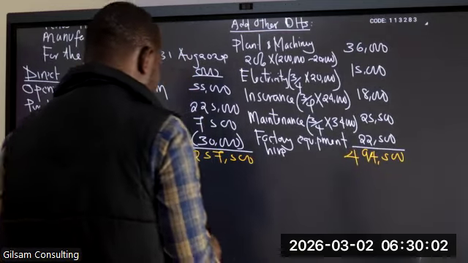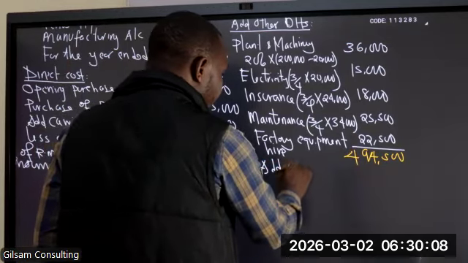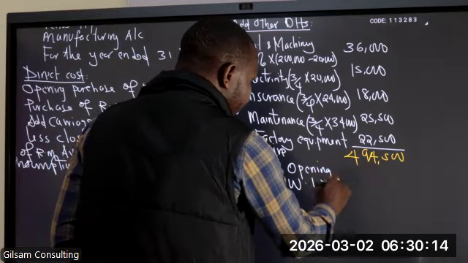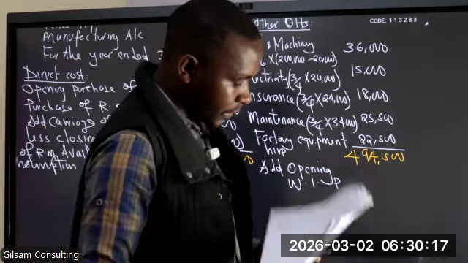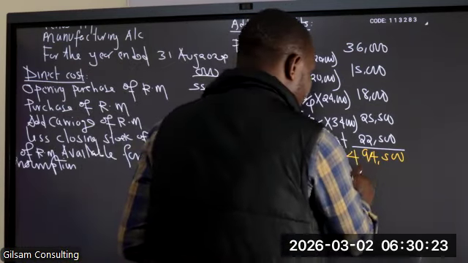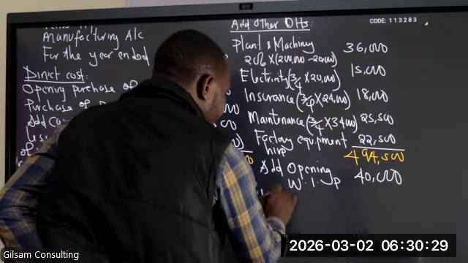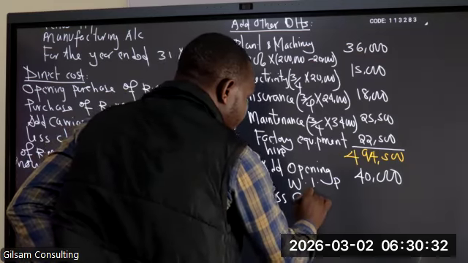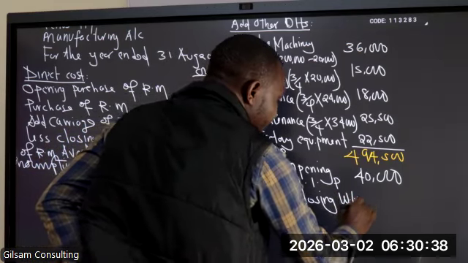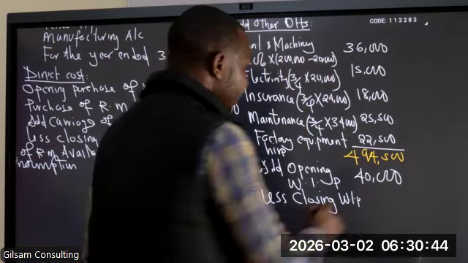Then from there, we add the opening work in progress, WIP, in the trial balance, 40,000, less closing work in progress, WIP, in additional information number 2, 56,500.